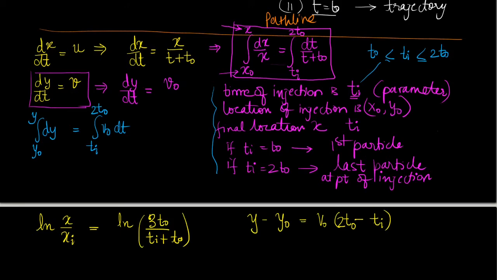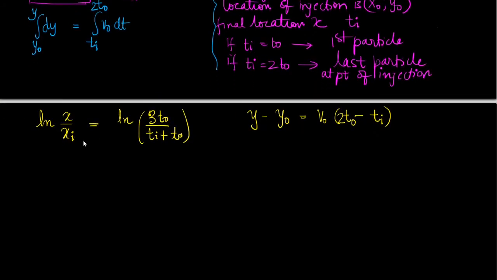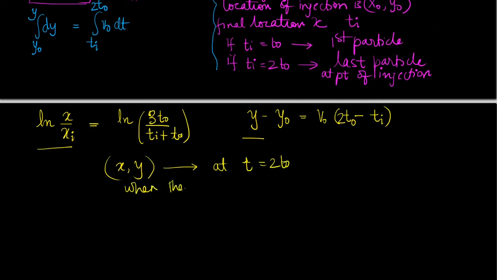So now we have the x location and y location of the particle at a final time. So we have x and y location of the particle at t equal to 2 t naught when they were injected at x naught y naught at some variable time ti.